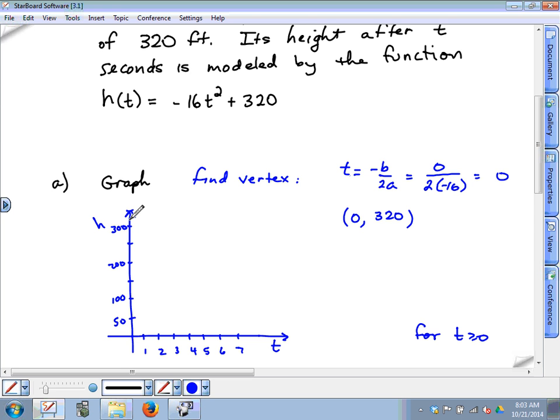So 320, 0, 320 is about right there. There's the vertex. Now I'm only going to want to graph the right side of the parabola because that's where time is positive. The parabola does have two sides, but the left side is where time's negative. It doesn't make sense to have negative time.